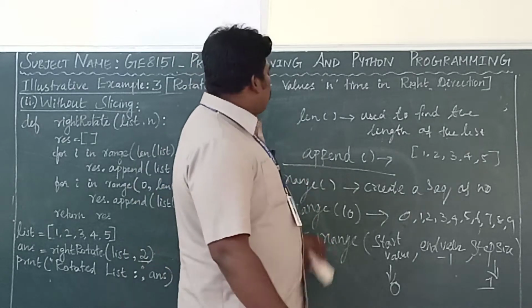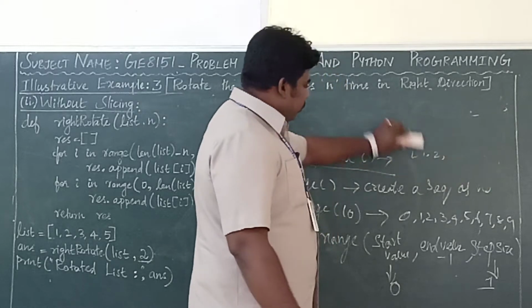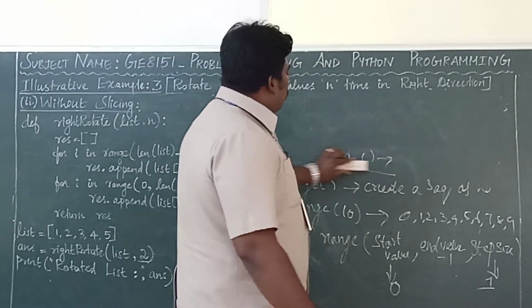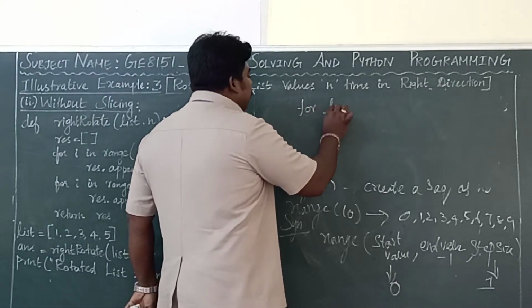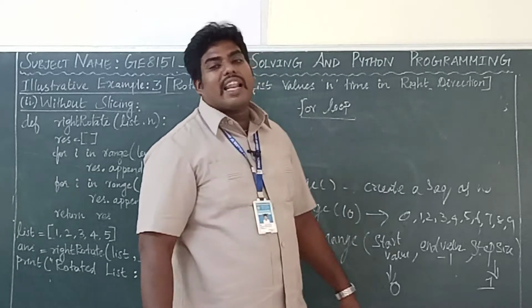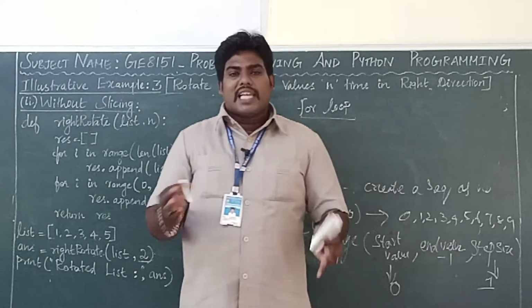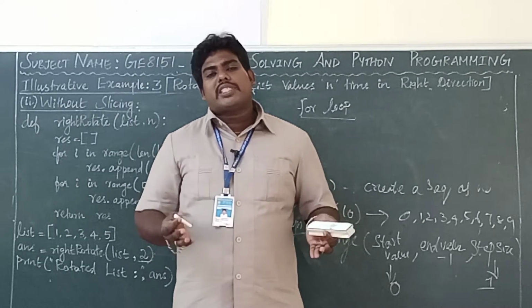Here one more important thing I used is the for loop. At which time are we going to use the for loop? For accessing the values of collections, that is, sequences. What are the sequence data types?